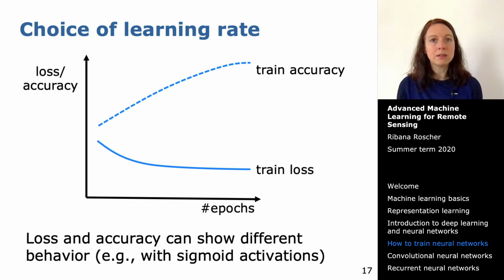So if such a switch in the class assignment happens for many samples, the accuracy can change a lot, but the training loss will not. So in this case, you observe a different behavior of the accuracy and the loss. And this is exactly a sign that the classifier is not that sure about the assignment. But when you have a look at the score and the probabilities as an output, you will also observe this.